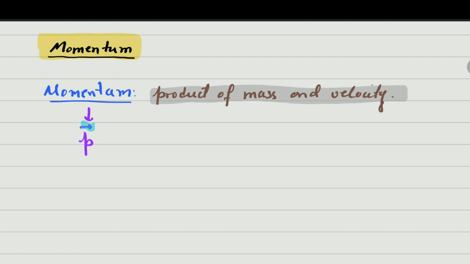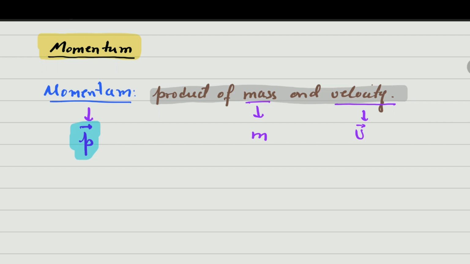So this is the symbol we are going to be using for momentum. Now, momentum is the product of mass, as we said. The symbol for mass is m, which you know already. So mass, the symbol is m, and velocity, the symbol of velocity is v.